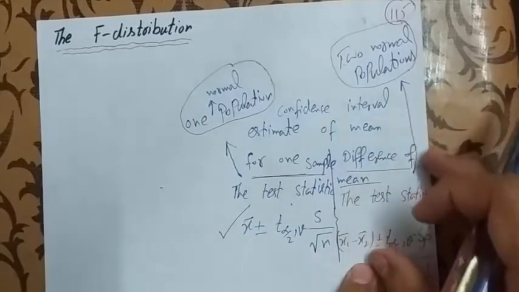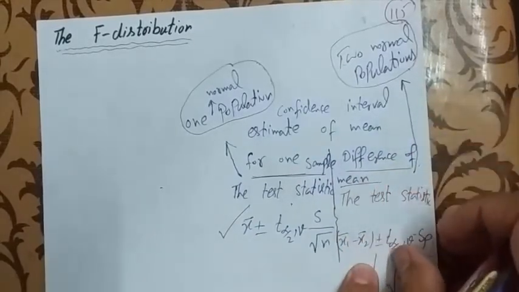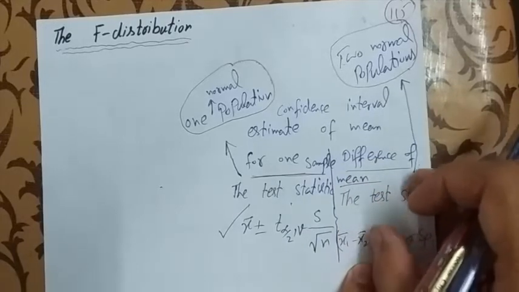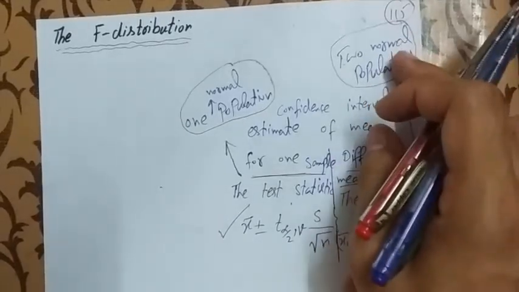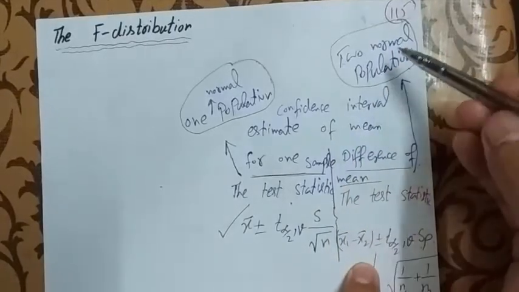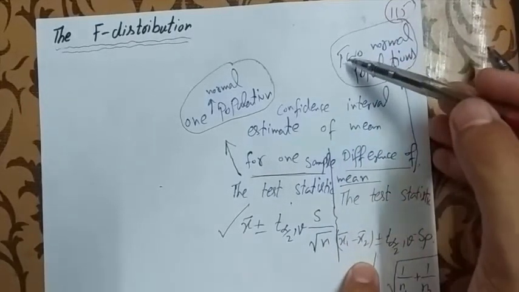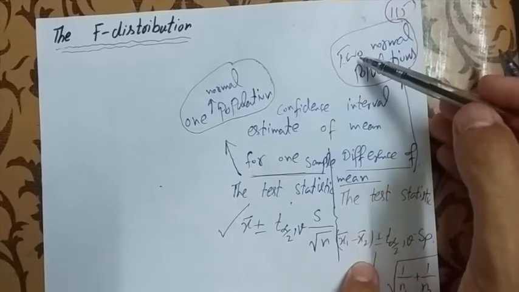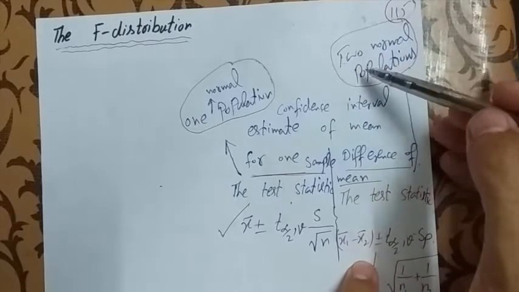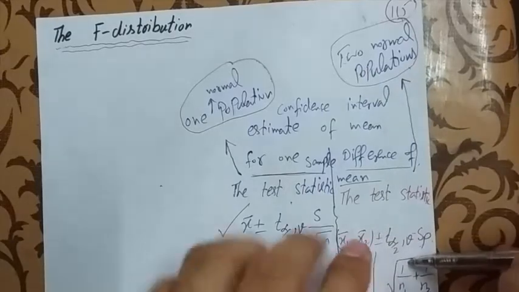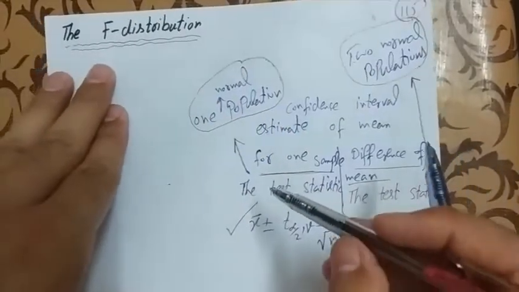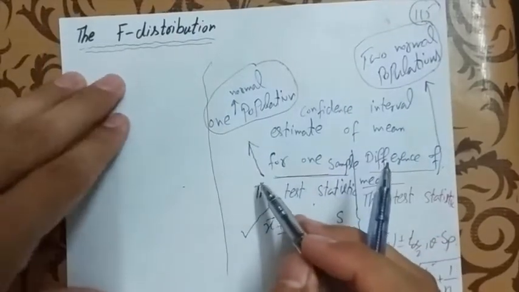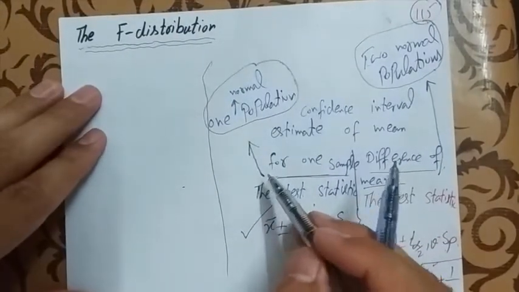It is on the basis of these two normal populations. In the t distribution, there are two normal populations, and we find one sample from one population and another sample from the other population, and after that we obtain this. Similarly for the F distribution, we have two normally distributed populations.